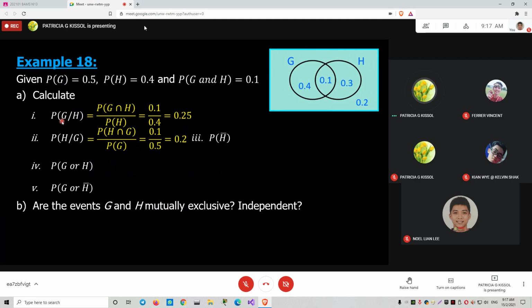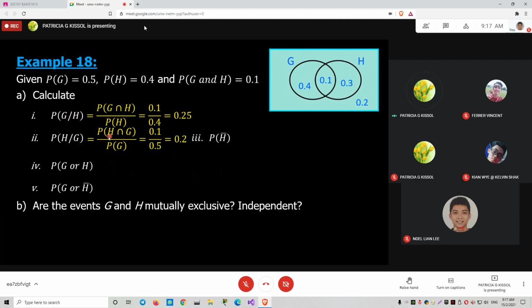Quite a few students wrote the value incorrectly, especially the denominator part. So that is where you need to be very careful about what the question is asking.